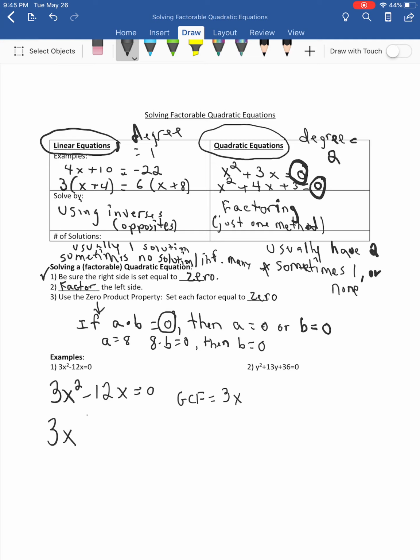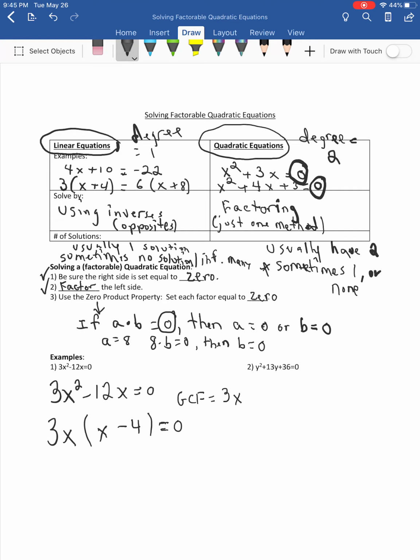So we're going to pull out that GCF and open up one set of parentheses since we have a binomial and rebuild the equation, okay? So 3x times what makes x squared? That's going to be x. And 3x times what makes negative 12x? That's going to be a minus 4.